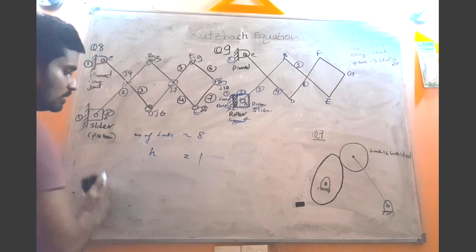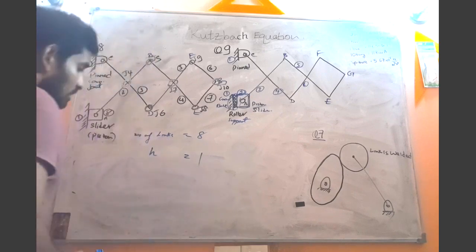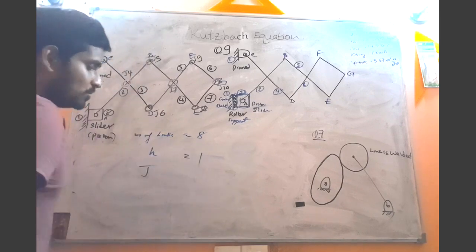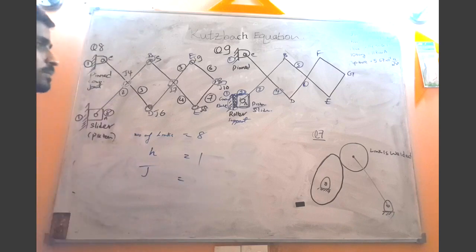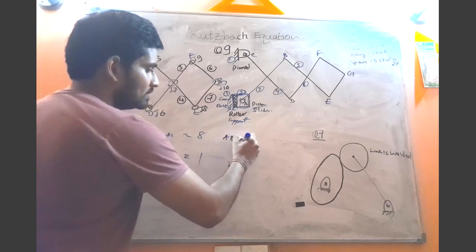Now I hope you got the point, right? Okay. Next thing, number of joints. So how many joints do we have? We have one joint with the link AB and the base.